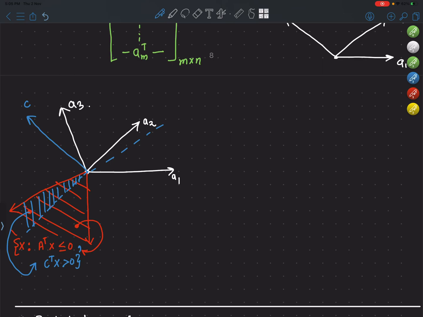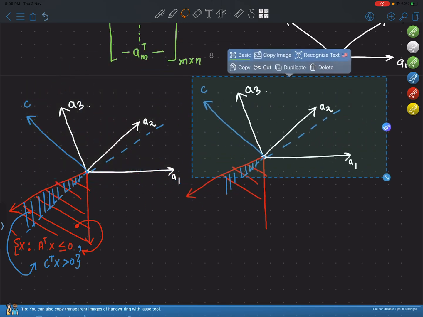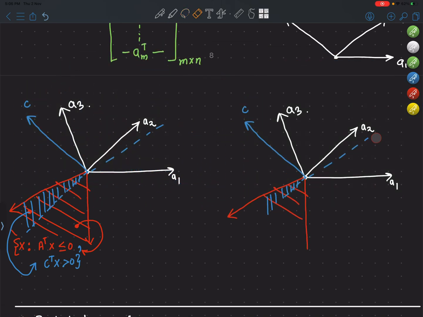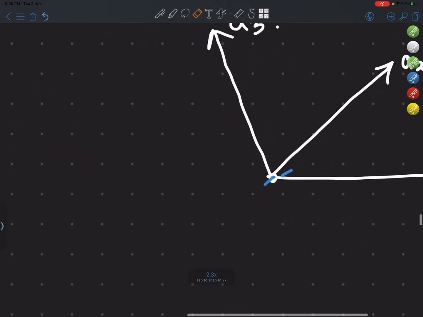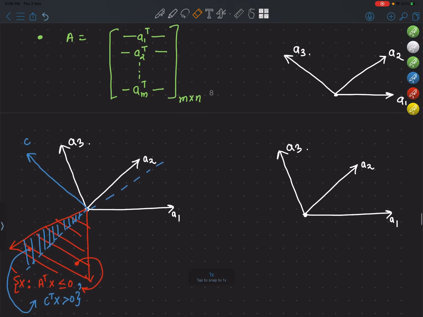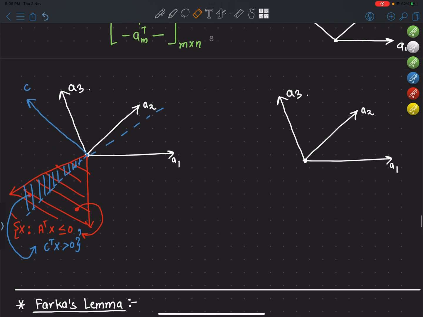So the lemma says either this is true, or if c is on the other side, let me just copy this frame. Either this is true, but if c is here, then c will be a positive linear combination of the ai.